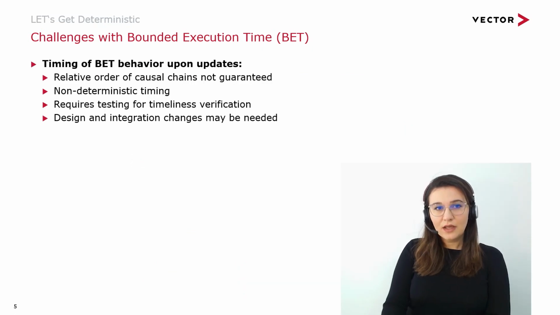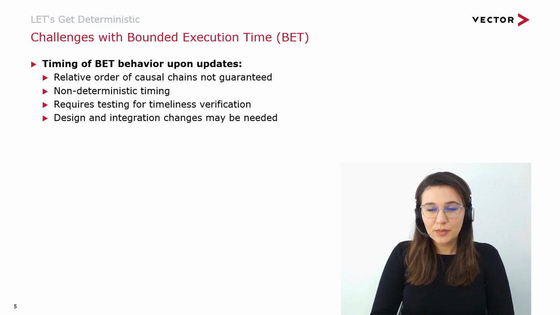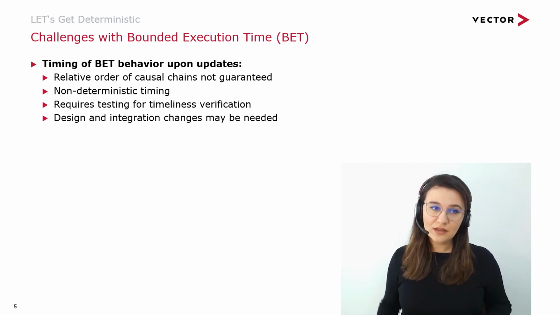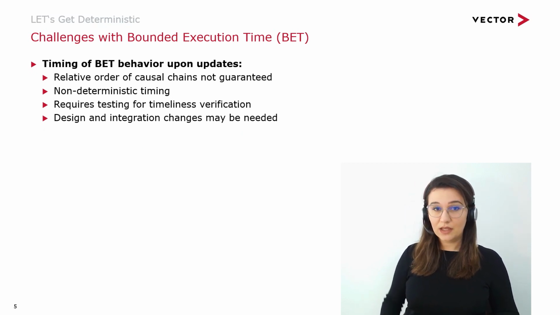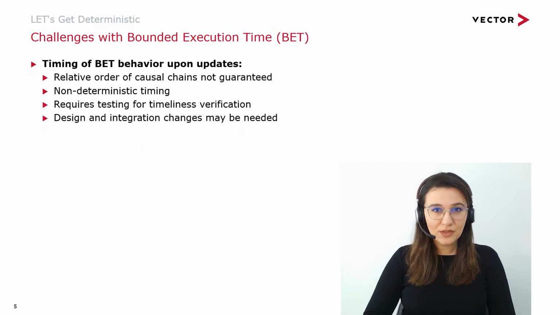What we can realize is that in this kind of typical system where bounded execution time is applied, the timing behavior, especially upon updates, and the causal order of the event chains is not guaranteed. We cannot talk about time determinism. To a certain degree, it can perhaps be predicted, but we don't have a deterministic timing behavior.